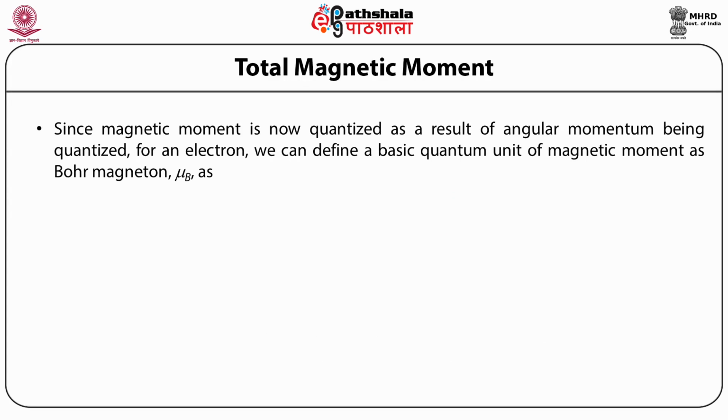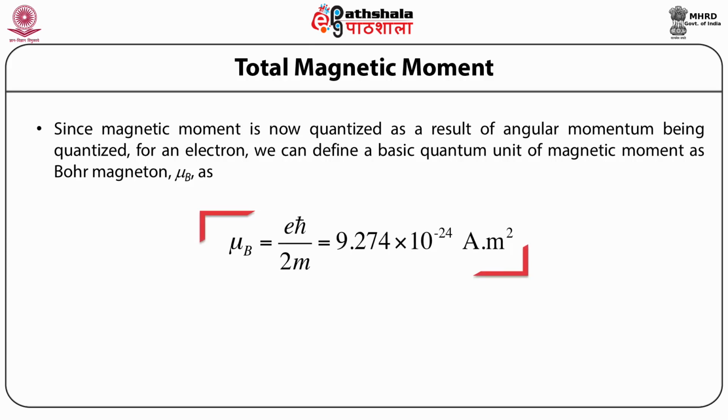Since magnetic moment is now quantized as a result of angular momentum being quantized for an electron, we can define a basic quantum unit of magnetic moment as the Bohr magneton, mu b, as mu b is equal to e h bar by 2m, and the value of one Bohr magneton is 9.274 multiplied by 10 to the power minus 24 ampere meter square.